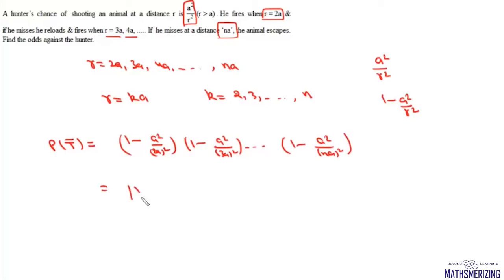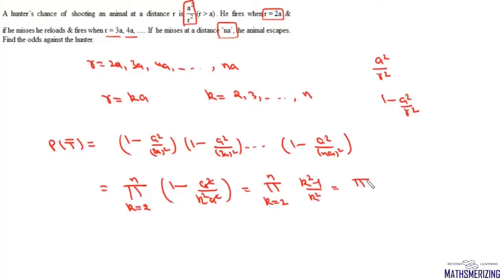Now we can write this as the product, k varies from 2 to n, 1 minus a square upon k square into a square. Now this a square will cancel. So we write this probability as the product from 2 to n, k square minus 1 upon k square.